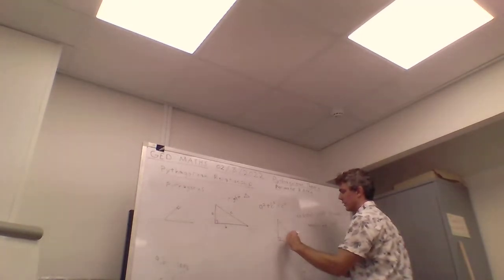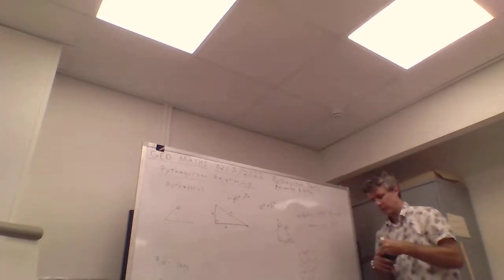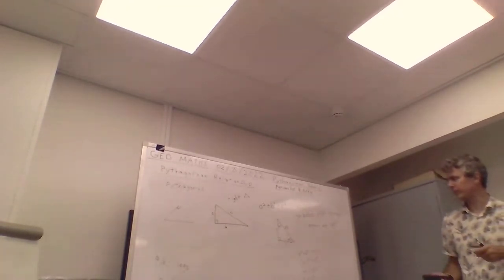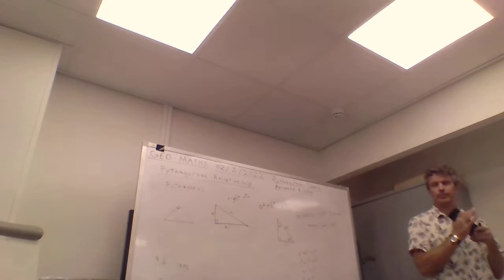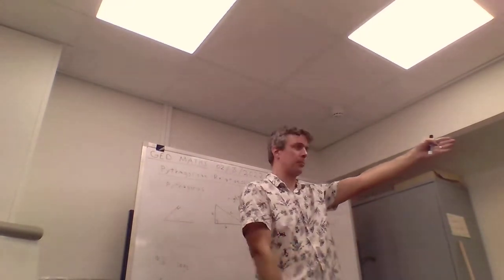This has 45 degrees, 45 degrees, and this is square root 2, so about 1.4. Say for example I want to go to this part of the room.